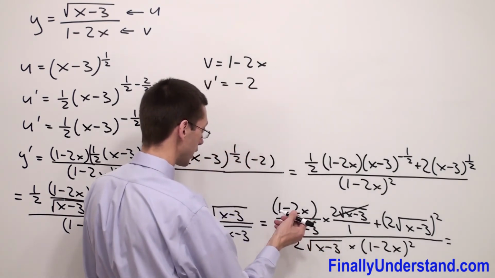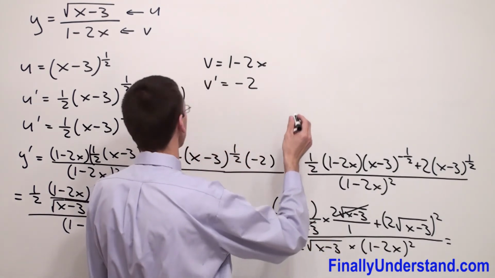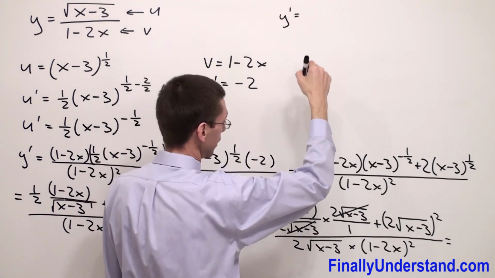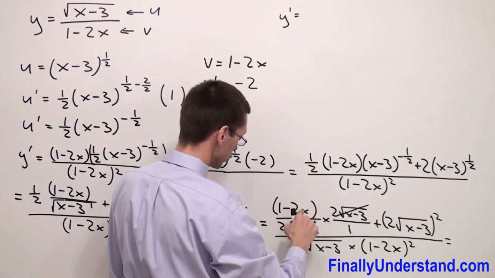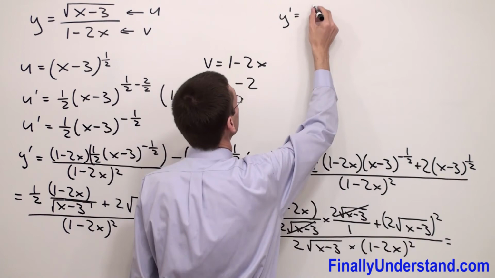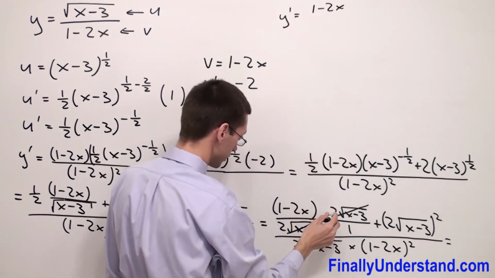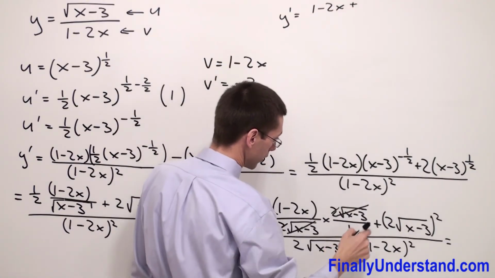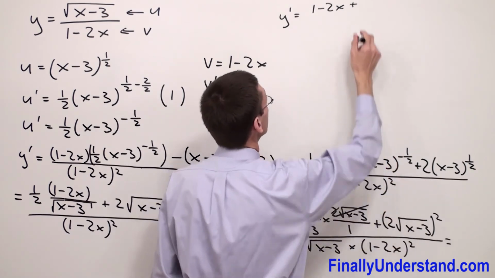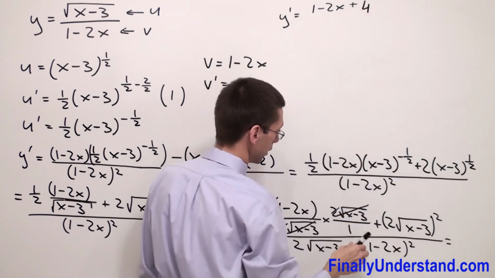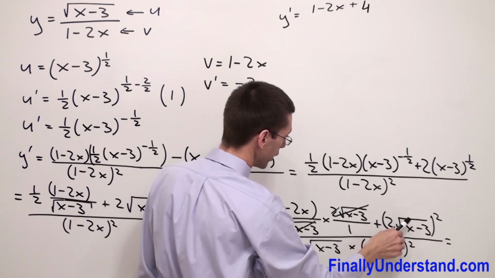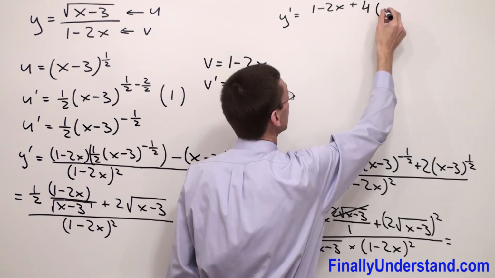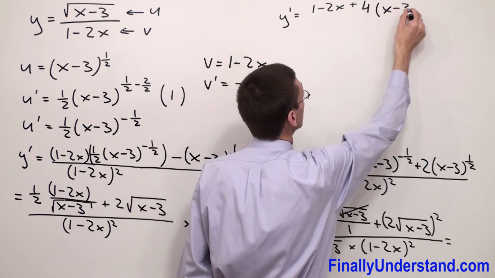So simply what we are going to have in the numerator, let me write this down over here. So y prime is equal to 1 minus 2x, so this 2 and this 2 were cancelled out, plus 2 to the second power is 4. As I said, the square root raised to the second power is going to be eliminated. That's why I'm going to write that this is x minus 3.